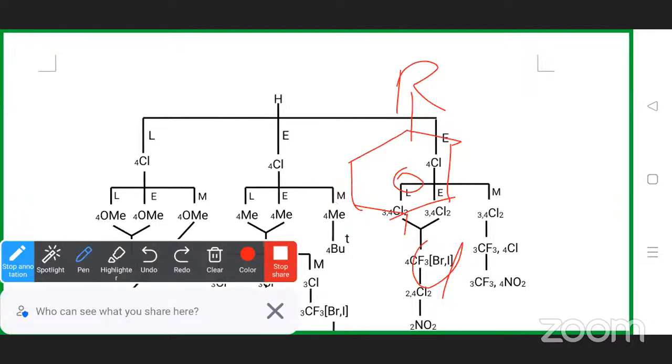When you replace the hydrogen with chlorine, you will observe 3 things.